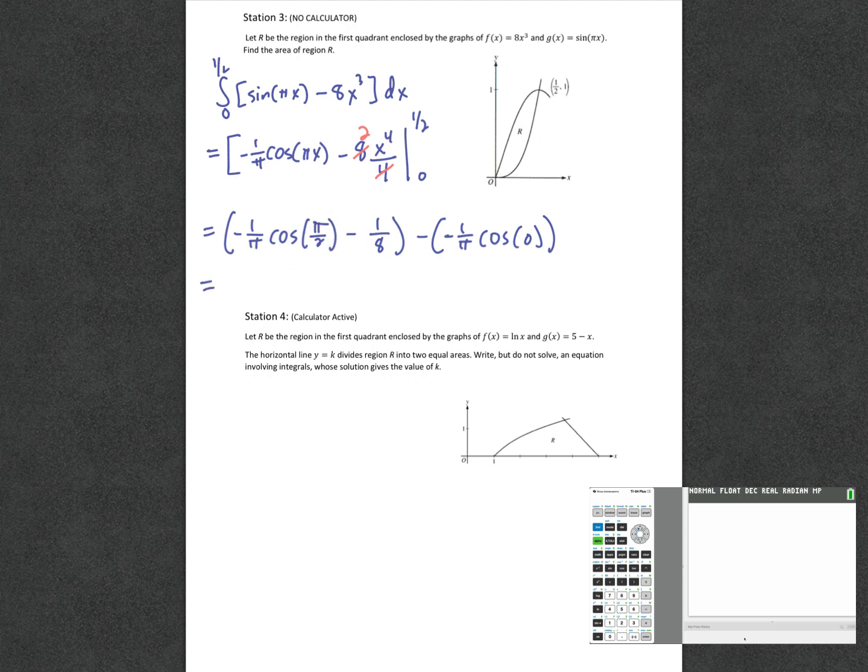Cosine pi over 2 is 0, so that goes away, and we just end up with negative 1 over 8. Then this is minus a negative, so that'll be plus, and cosine 0 is 1, and so that's it. We can just leave our answer like that.